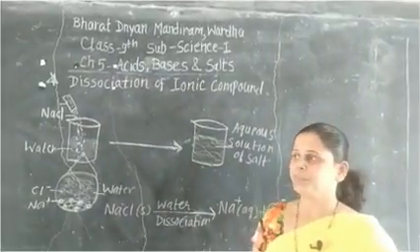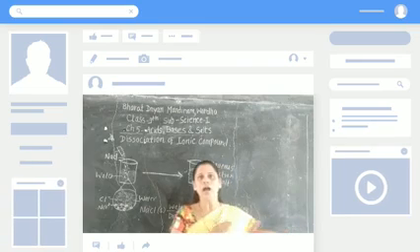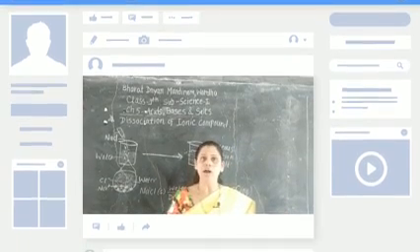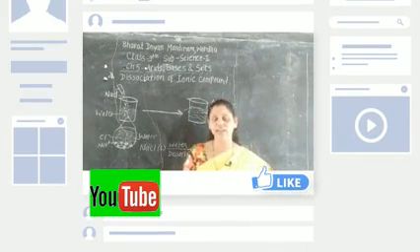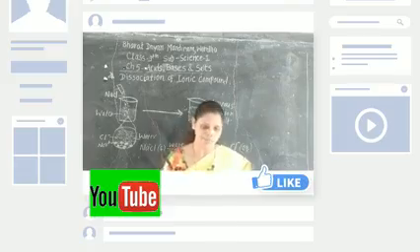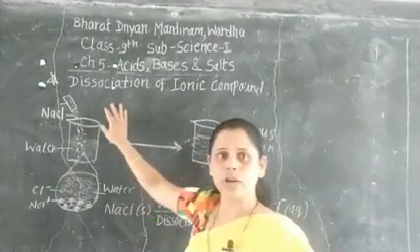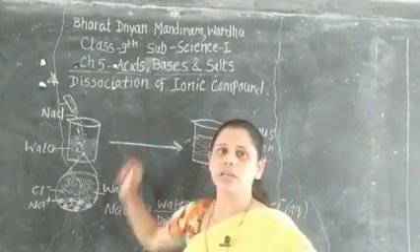In my previous lecture I explained the ionic compound. We know an ionic compound has two constituent elements, that are cation and anion. So let's move on to our today's topic, dissociation.